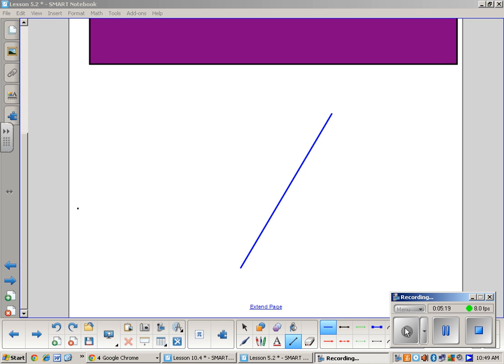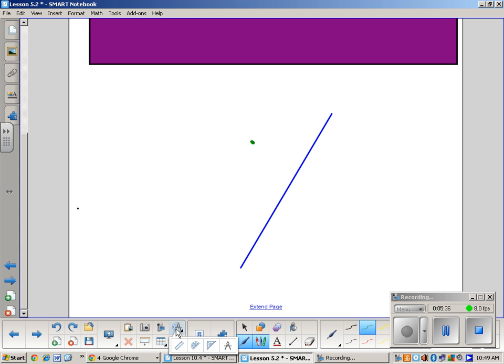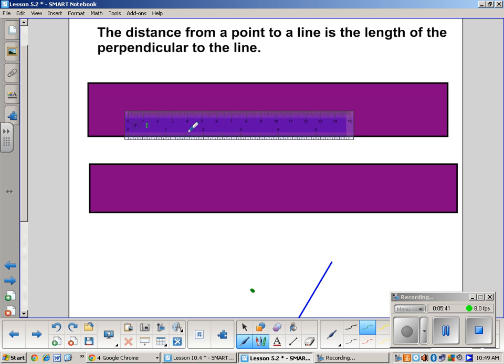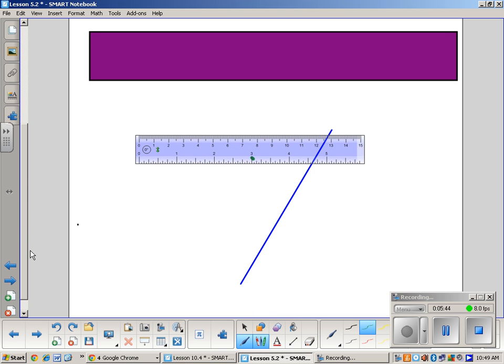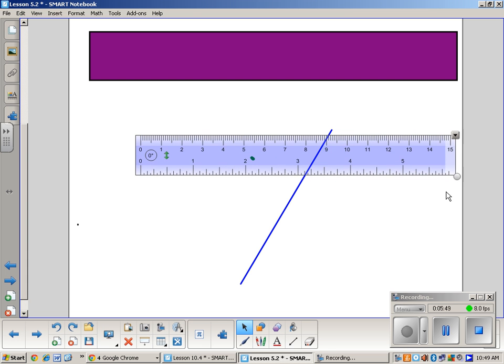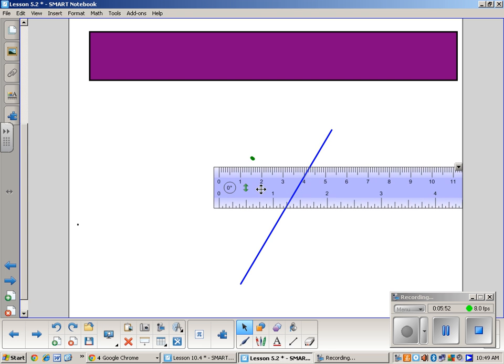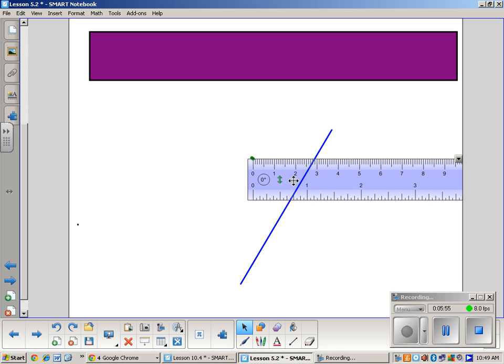If I have this line and I have a point not on the line, right there, let me make it a little bigger. If I gave you a ruler and said, let's measure the distance from this point to the line, some people are going to put the ruler up here like that, and say, oh, that's about 3.